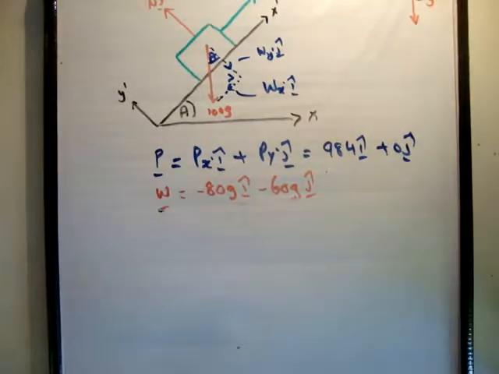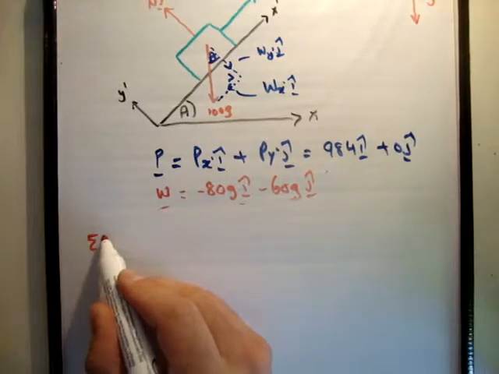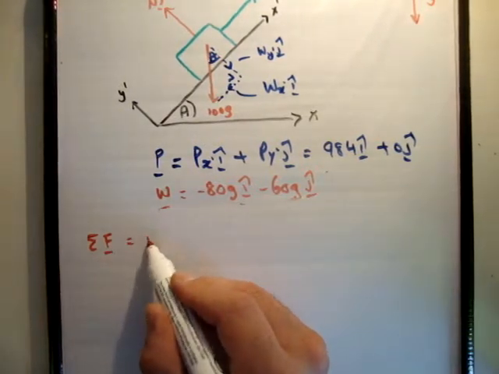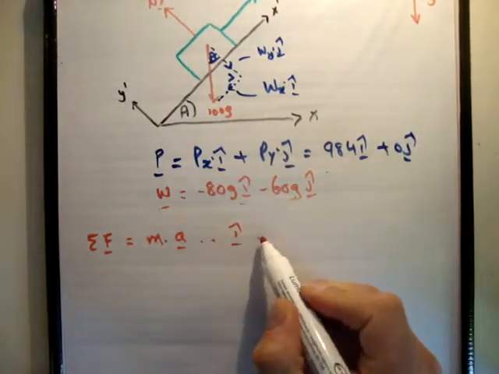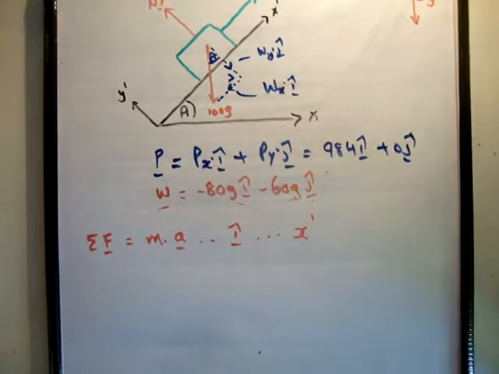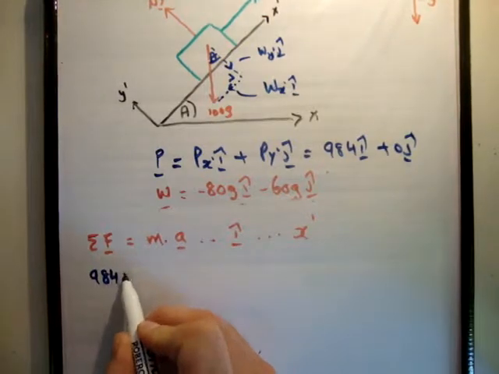So finally we're ready to begin doing our analysis. Okay, so we're going to apply Newton's second law. Newton's second law says the sum of the force vectors is equal to the mass times the acceleration vector. So let's apply this to the i hat unit vector direction, or the x prime axis. Alright? So we're going to get 984 i hat.